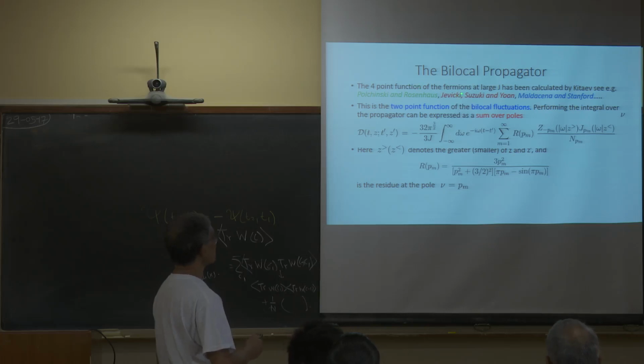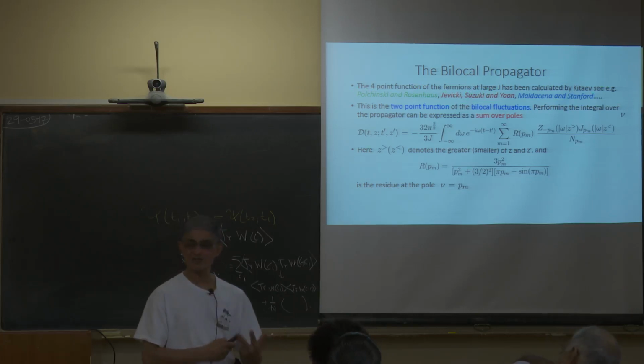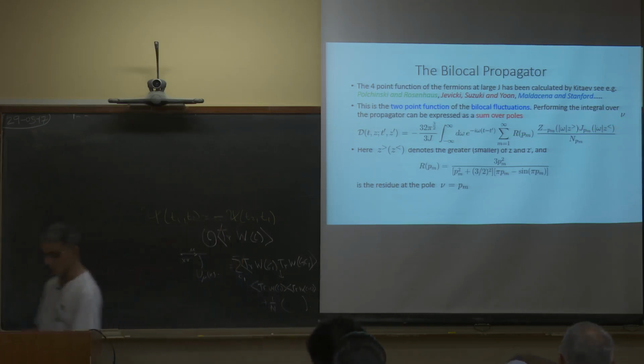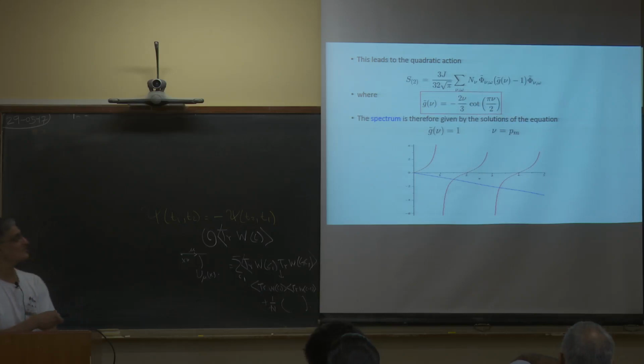So, the 4-point functions of fermions at large J have been calculated by many people in various ways. In this language, it's just the 2-point function of the bilocals. That is how people calculate it. And what I have done here is taken that propagator, that is 1 upon this function, and done the integral over nu.